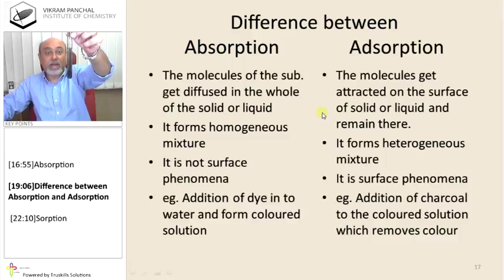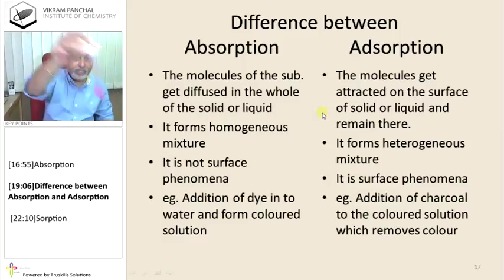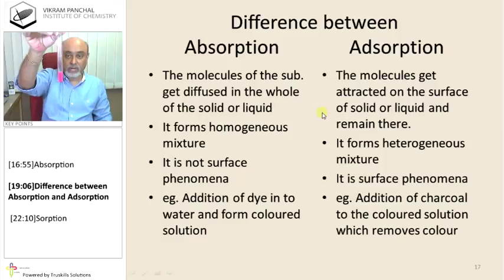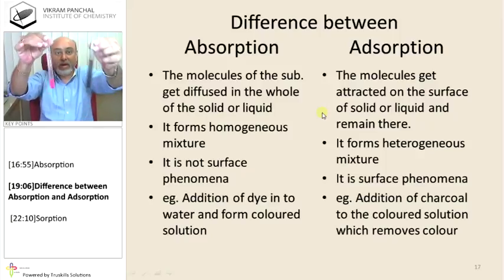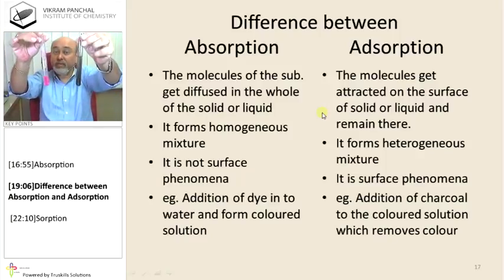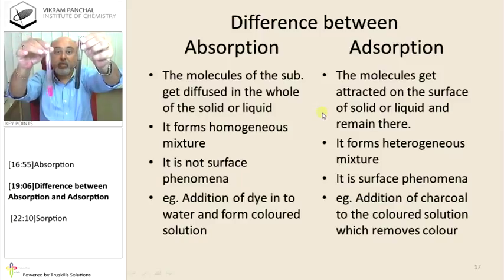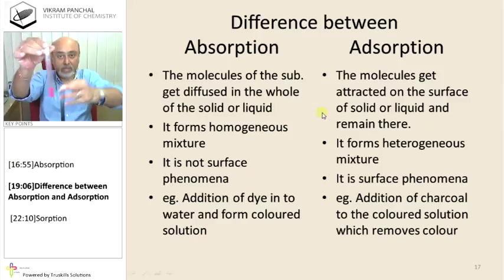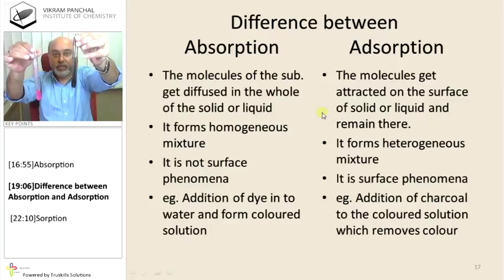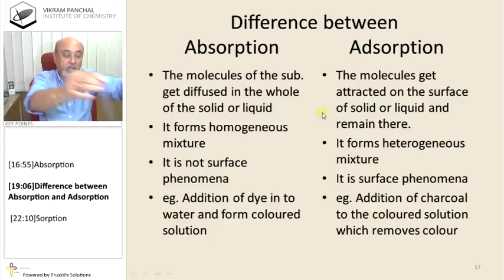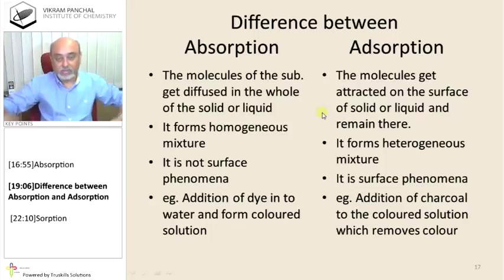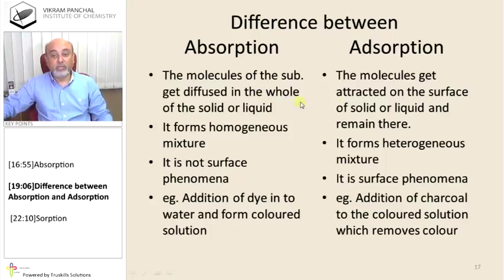So here, adsorption takes place on the surface of charcoal. Previously, it was a colored solution like this, where this pink or magenta color is of rose aniline dye, and when charcoal was added, charcoal took the colored particles. Charcoal particles take all colored particles and keep the solution colorless.